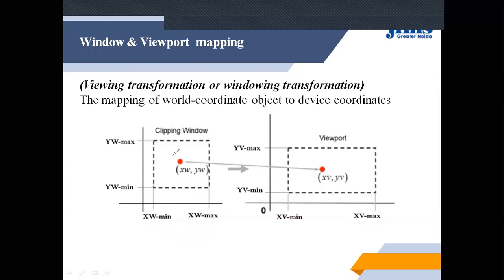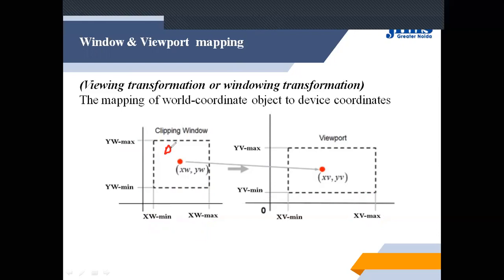Now, if I have to map an image from window to viewport, then I have to map point by point. Suppose this is my image, then what I have to do?